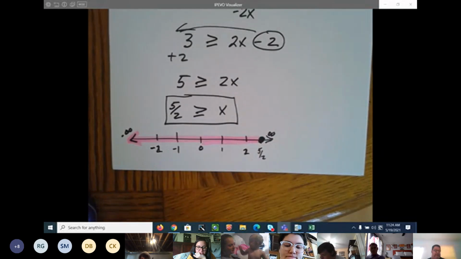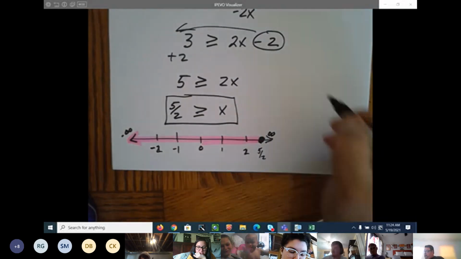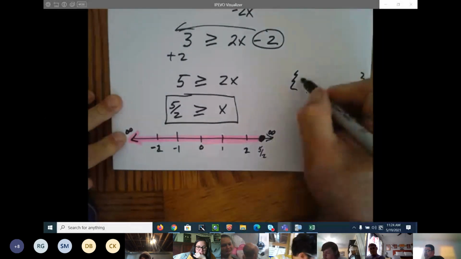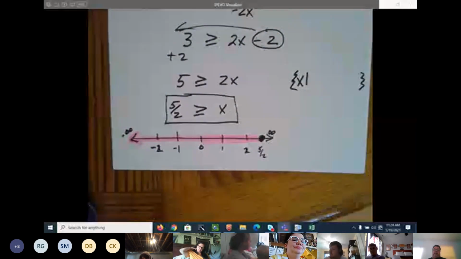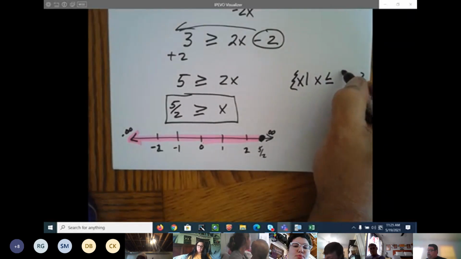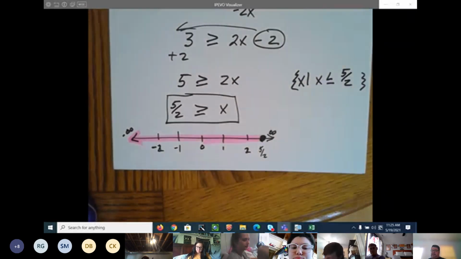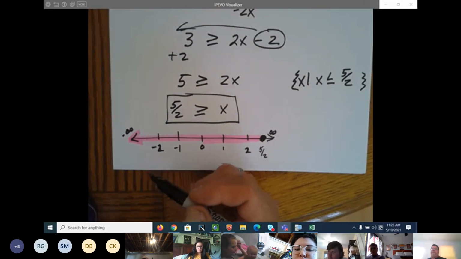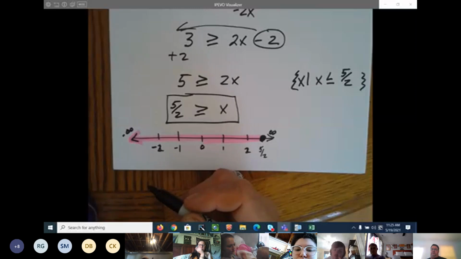Now I'm going to write it in set builder notation. Put my braces. Put me an X such that, and then write my answer down. X is less than or equal to 5 halves. That's set builder notation. And then interval notation. Which way do we read? Left, right.